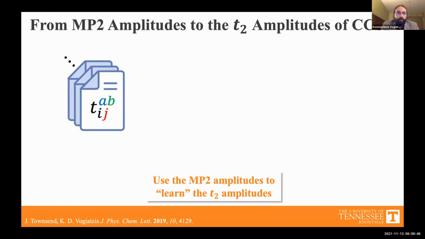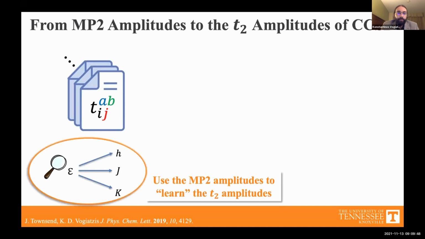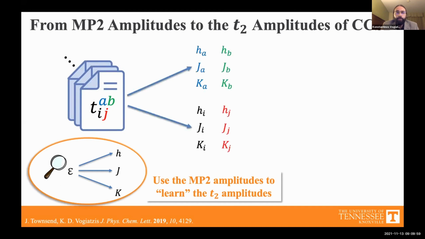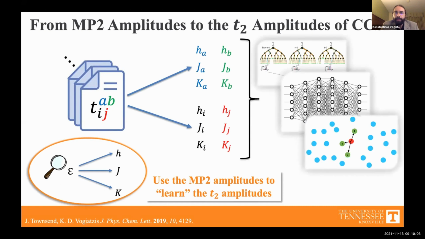In particular, we extract information for each spin orbital, IJ and AB. We obtain the energies and the one electron and two electron terms from those particular spin orbitals. So we form a vector, which we can introduce to a machine learning algorithm in such a way that we can then later train and predict the amplitudes of the higher level CCSD method.